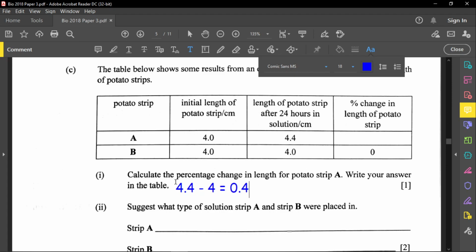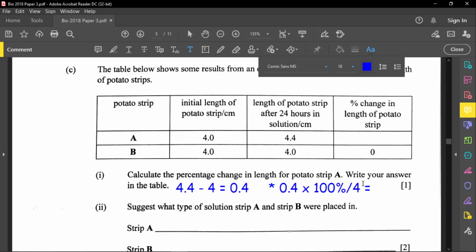Now, what do you do with this 0.4? You're going to divide that by the original length. So it'll be 0.4 divided by 4. And then you're going to multiply all of that by 100%, okay? So your answer here will give you 10%.